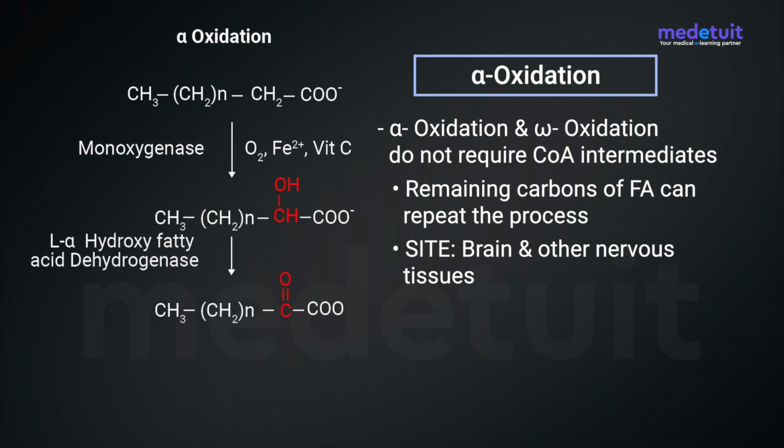Now, the alpha carbon atom is going to have a keto group in the form of C double bond O. Now, this alpha keto fatty acid is going to be acted upon by the decarboxylase enzyme, which decarboxylates this alpha keto fatty acid to form carbon dioxide and the fatty acid, which is now having one carbon less.